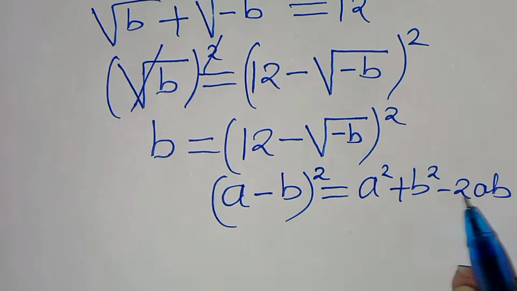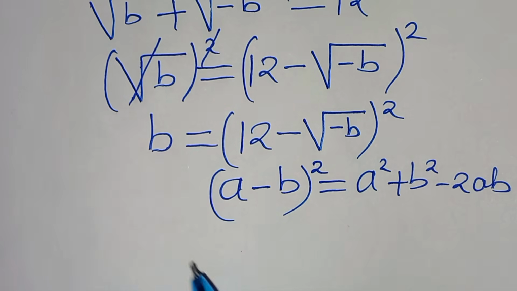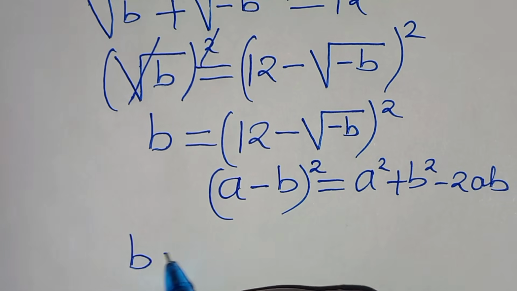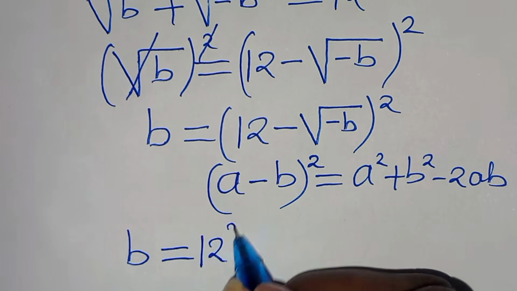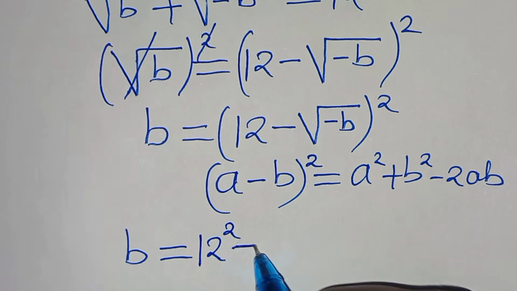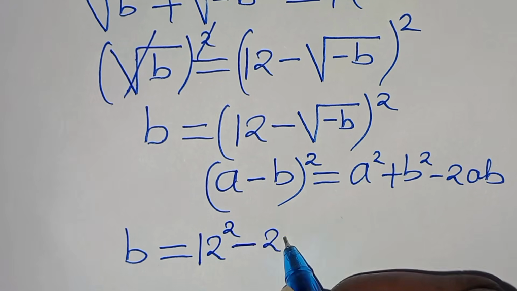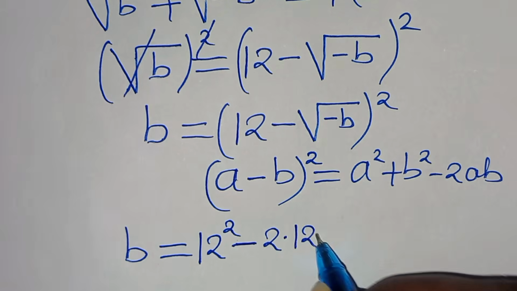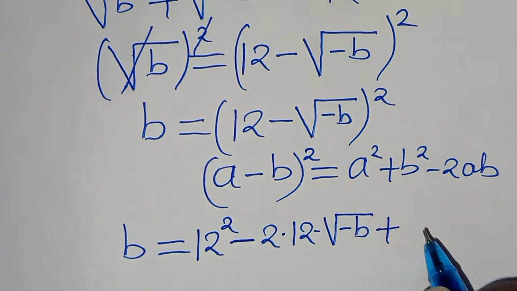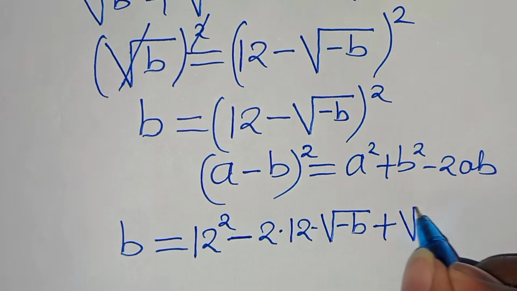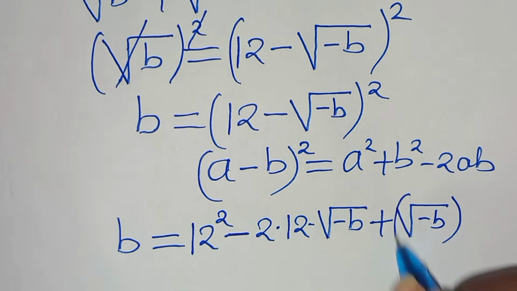Applying this algebraic identity, we have b is equal to 12 squared minus 2 multiplied by 12 multiplied by the square root of minus b, plus (the square root of minus b) raised to the power of 2.